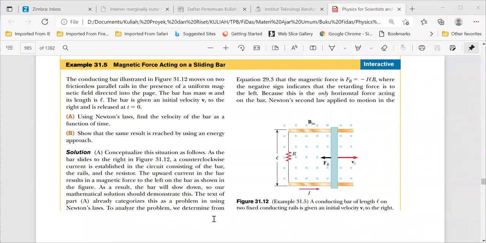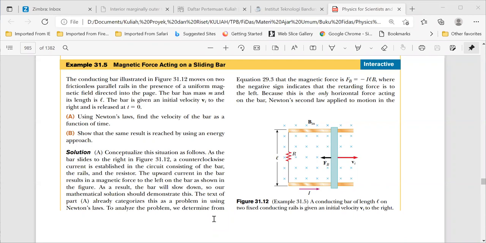The bar has mass m and length l. The bar is given a velocity vi to the right and then released at t equals 0. So this vi is the velocity at t equals 0.